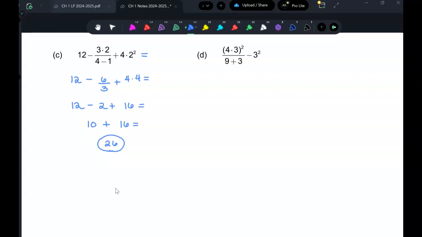Okay, I rushed, that's why. Did you go left to right? Wait, it should be 6 divided by 10. Is it 23? Do it again. 12 minus 2.